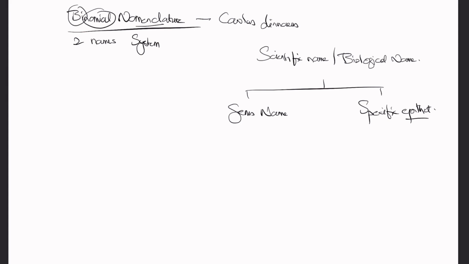What is epithet? Epithet means any descriptive term, that means it gives more information about the organism. It helps to identify the species within a genus.